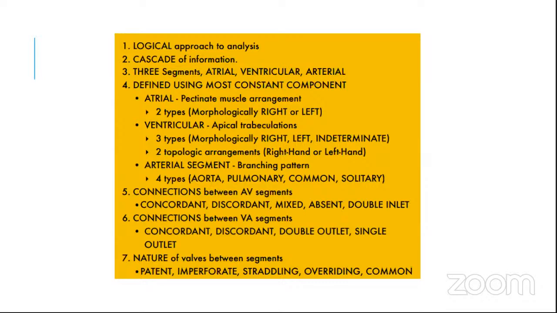Two topological arrangements: right hand or left hand. For arterial segments, by branching patterns, we have four types: aorta, pulmonary, common, or solitary. Connection between the atrioventricular segments: concordant, discordant, mixed, absence, or double inlet.